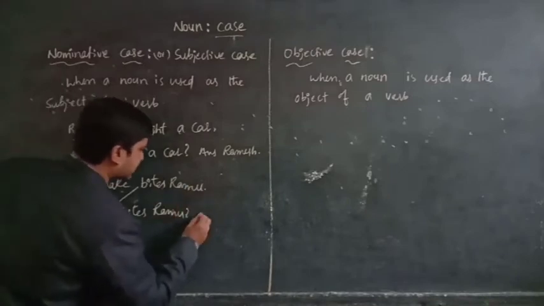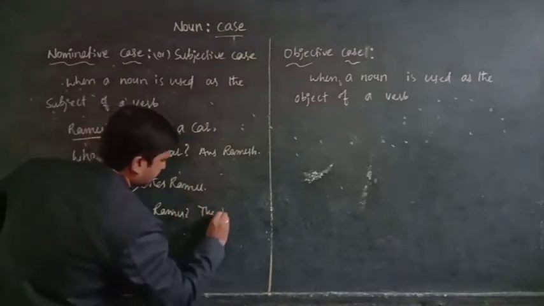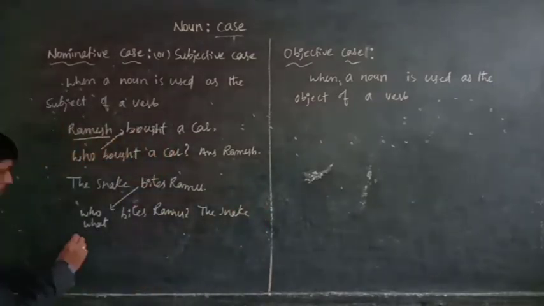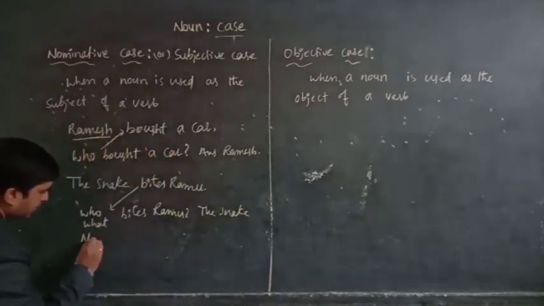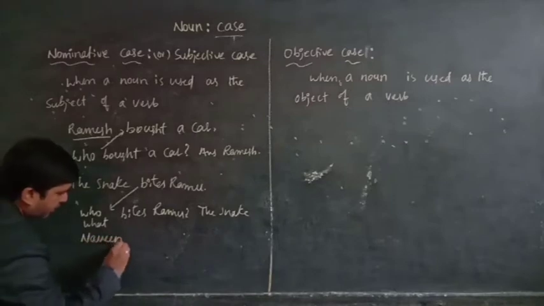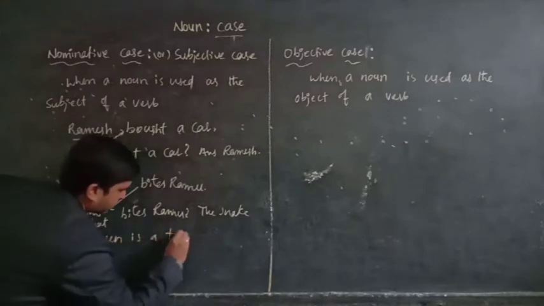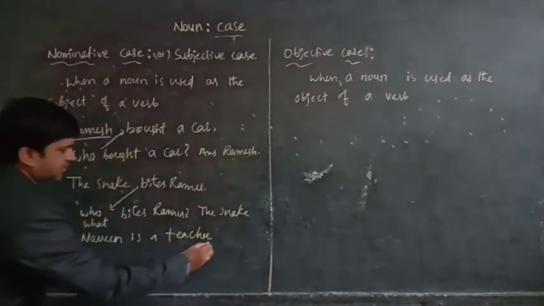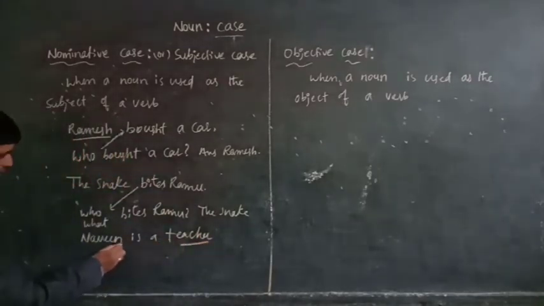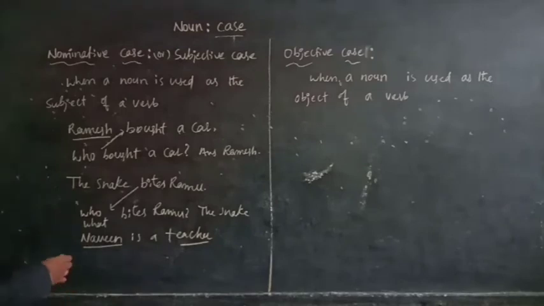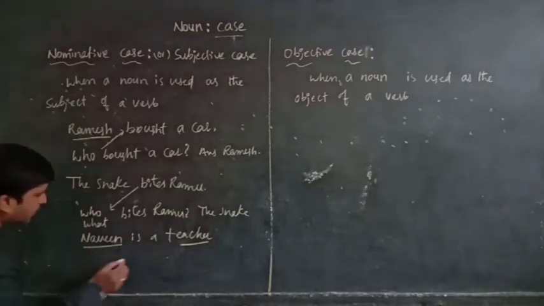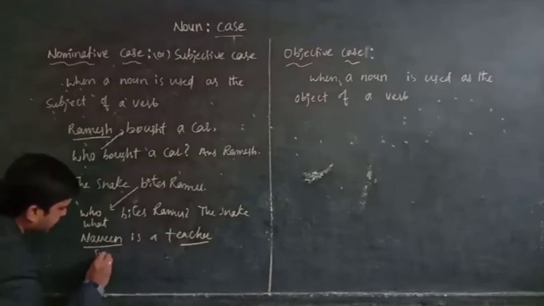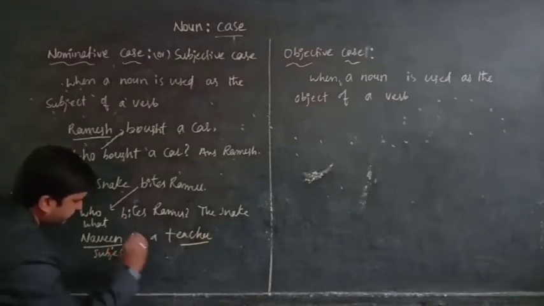The answer is the snake. One more example: Naveen is a teacher. Here teacher is a noun and Naveen is also a noun. What is the subject here? Naveen. Who is a teacher? It's Naveen. It's the subject.